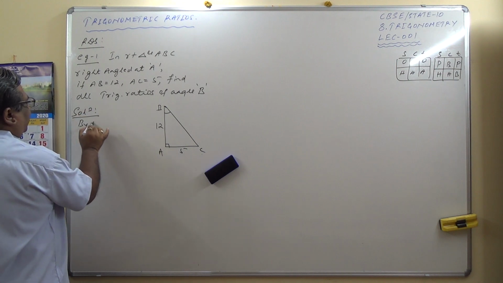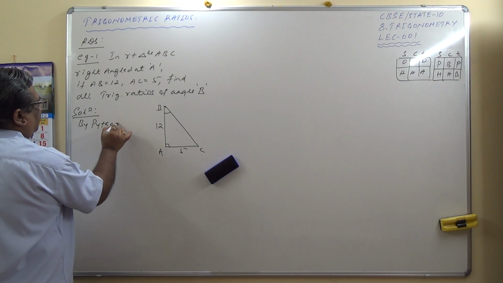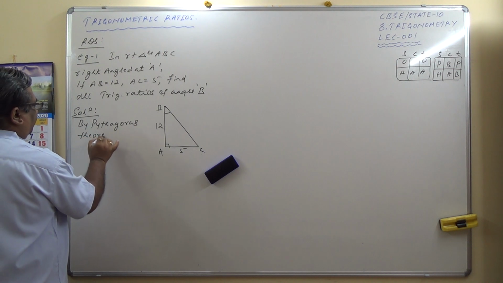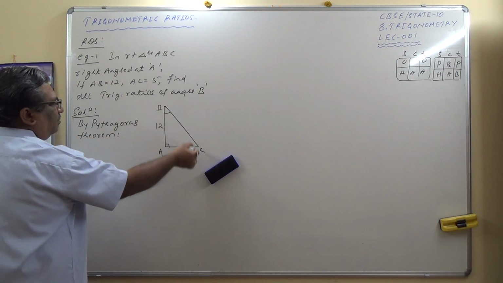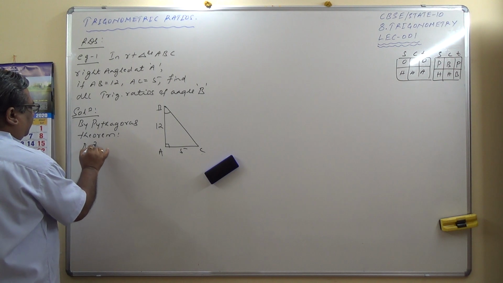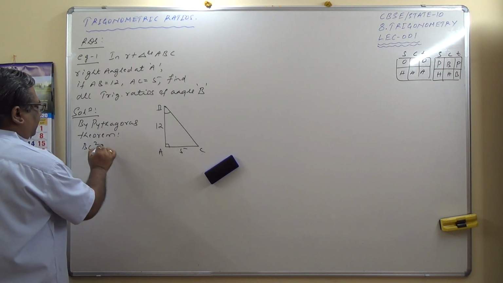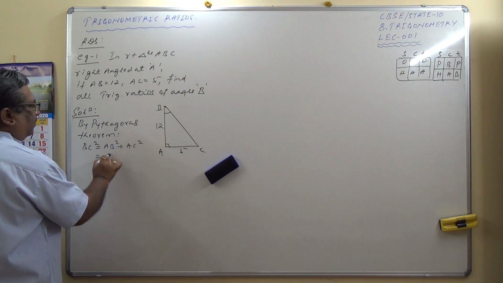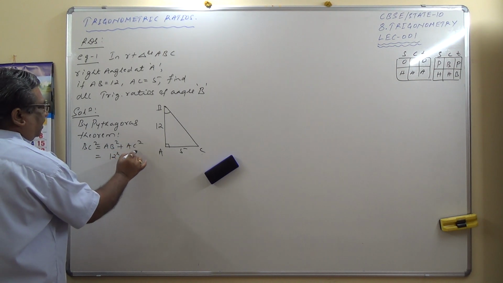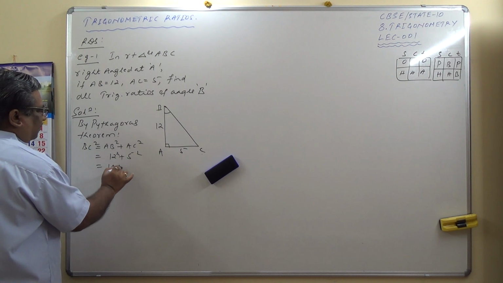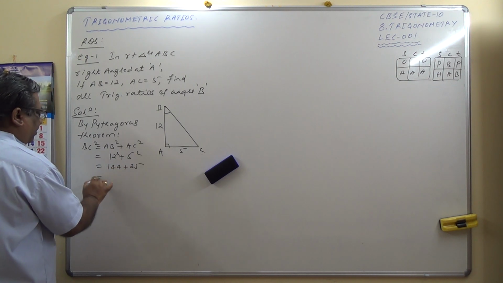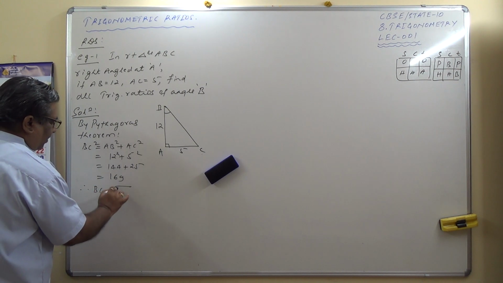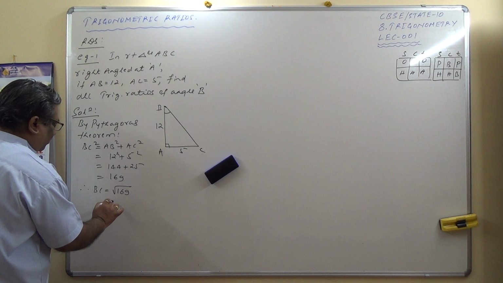By Pythagoras theorem, BC square equals AB square plus AC square, 12 square plus 5 square, 144 plus 25, which is 169, and therefore BC equals under root of 169, which is 13.